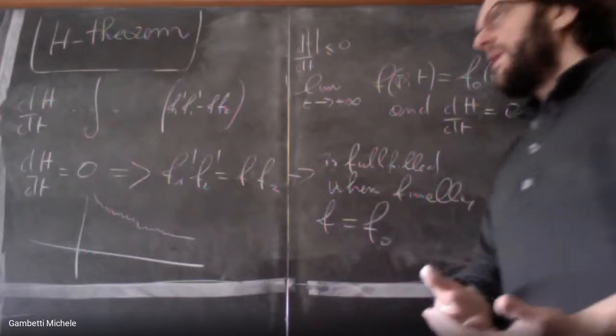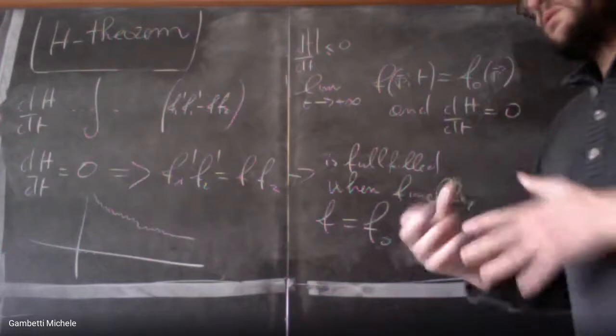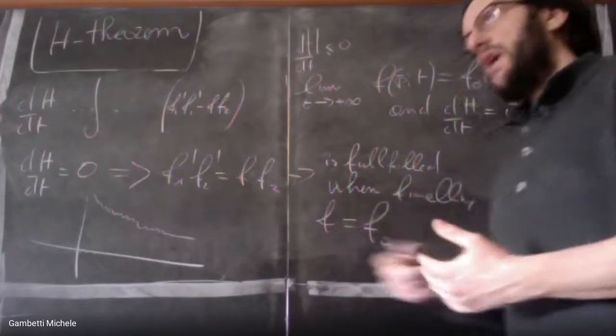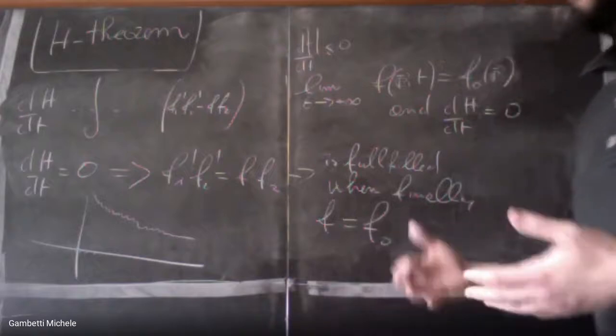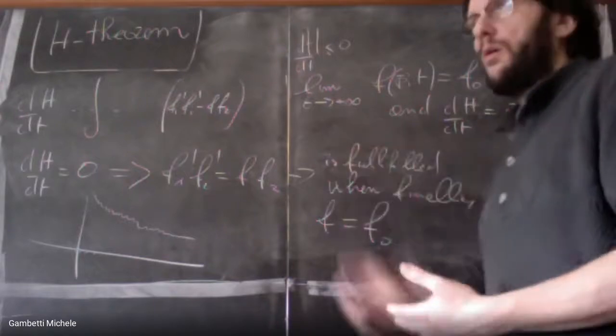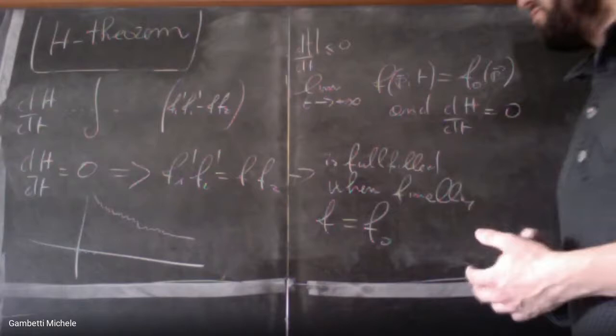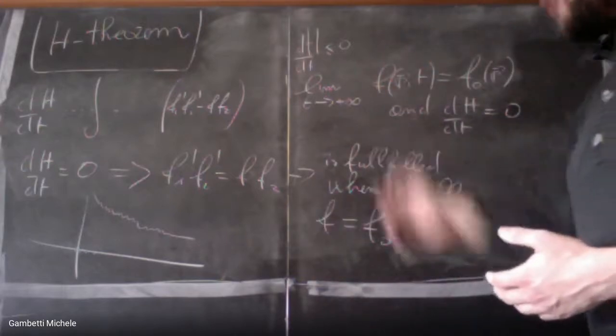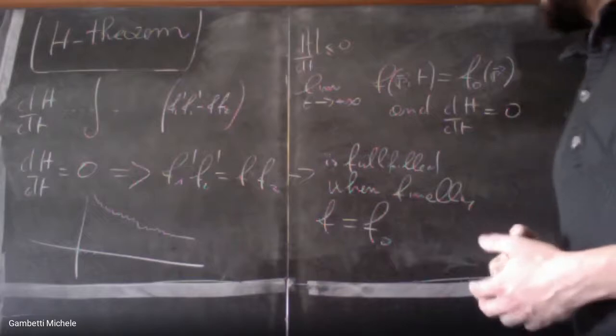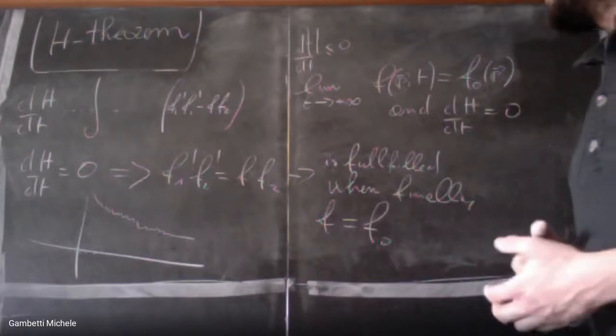I think the situation is somehow similar to this one, in which we have a deterministic and reversible microscopic law, the Newtonian law, or it could be also quantum mechanics when computing a matrix element.